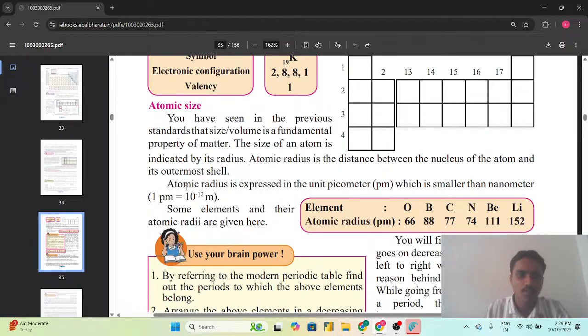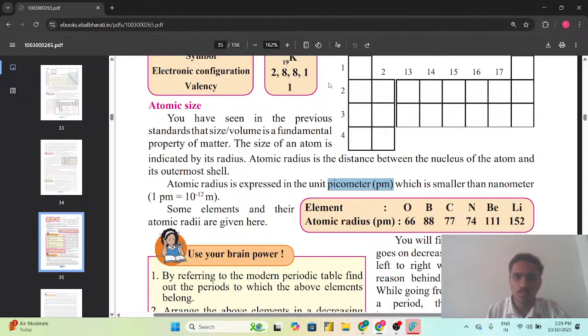Atomic radius is expressed in the unit picometer, which is smaller than the nanometer. One picometer is equal to 10 raised to minus 12 meter. So the atomic radius of each and every atom is calculated in picometer.